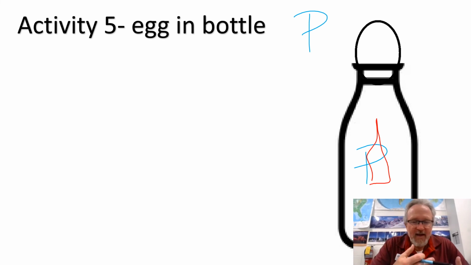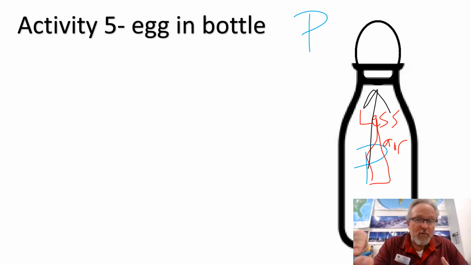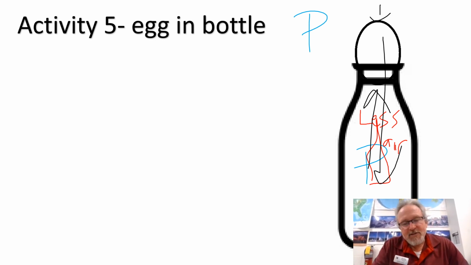Oxygen is part of the air. The oxygen got consumed by the burning paper, which means then there was less air, which means a lower pressure. So now there wasn't as much pushing underneath the egg, and there was a lot more pushing outside on the egg, and hence the egg got pushed into the bottle.